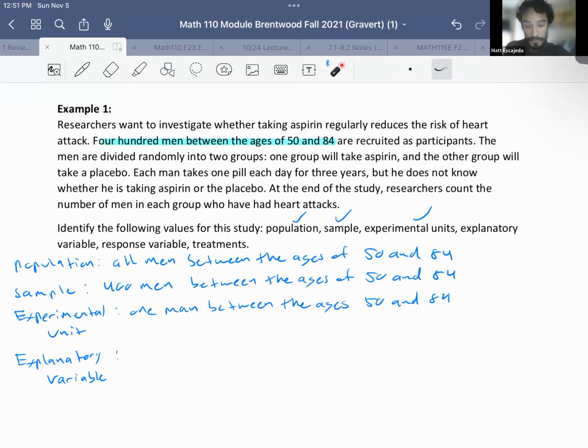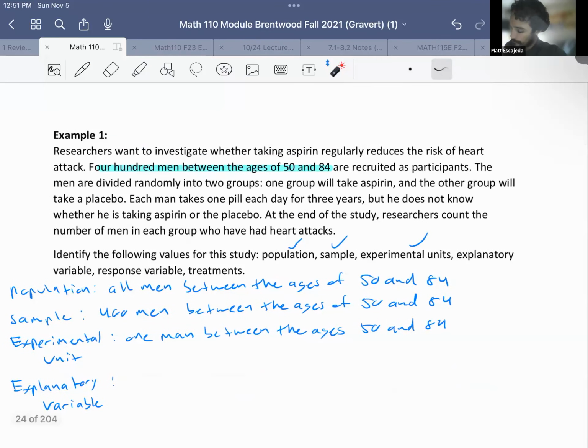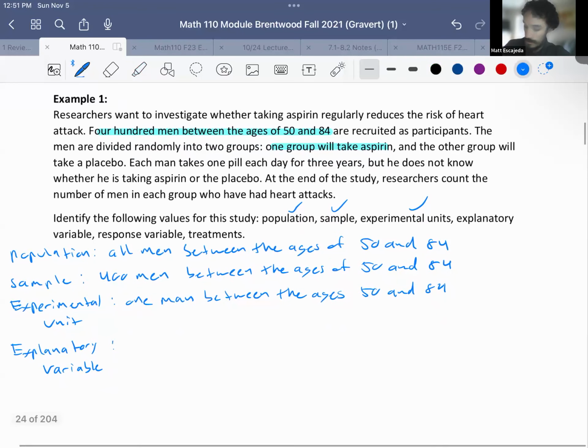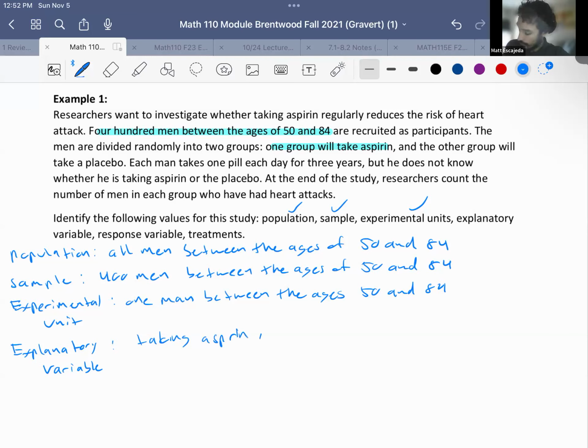Our explanatory variable would just be taking aspirin, because that's essentially what our experiment is about: that taking aspirin reduces heart attacks. So taking aspirin regularly.